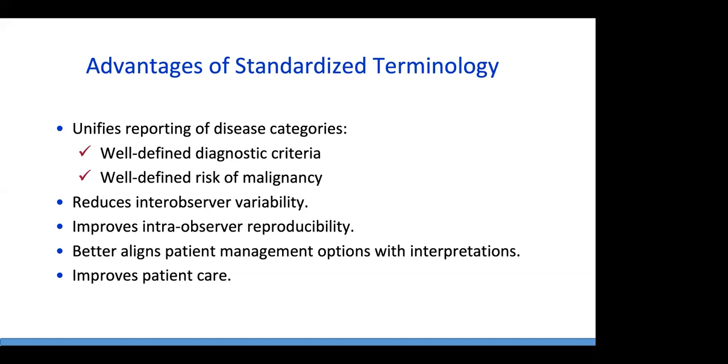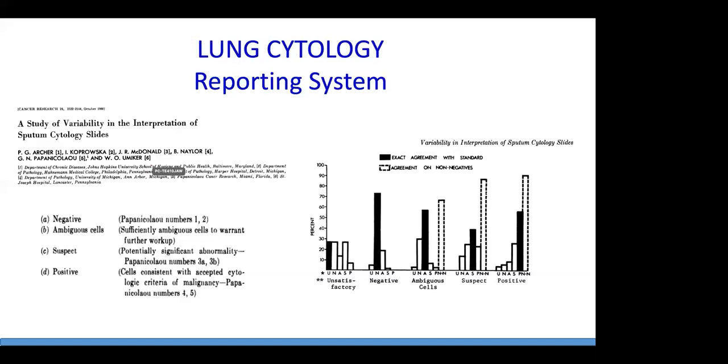Because this standardized terminology unifies reporting of disease categories, providing well-defined diagnostic criteria and a well-defined risk of malignancy, reduces inter-observer variability, improves intra-observer reproducibility, better aligns patient management options with interpretations, and in the end improves patient care.